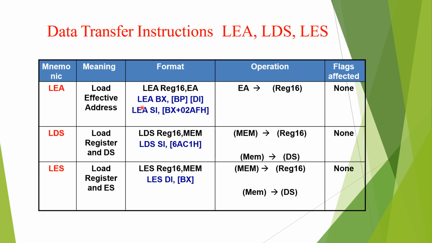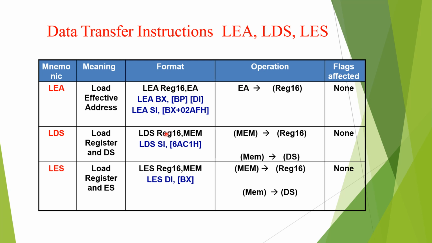The example is LEA BX, BP DI. Here BP is the base pointer and DI is the destination index. And here we are using the base index addressing mode. So the effective address calculated with the help of this base pointer and DI will be copied to the BX register.